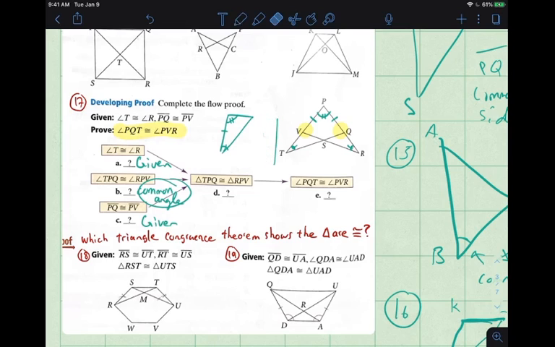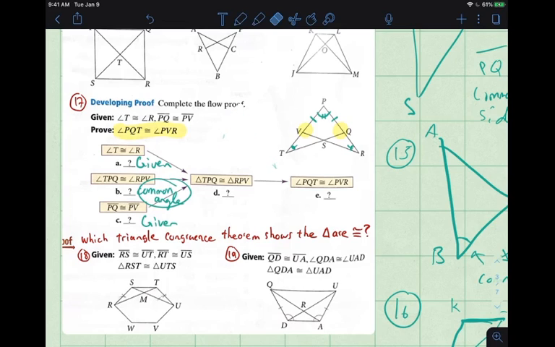Shoot. Okay. I can draw this better. Gosh darn it.